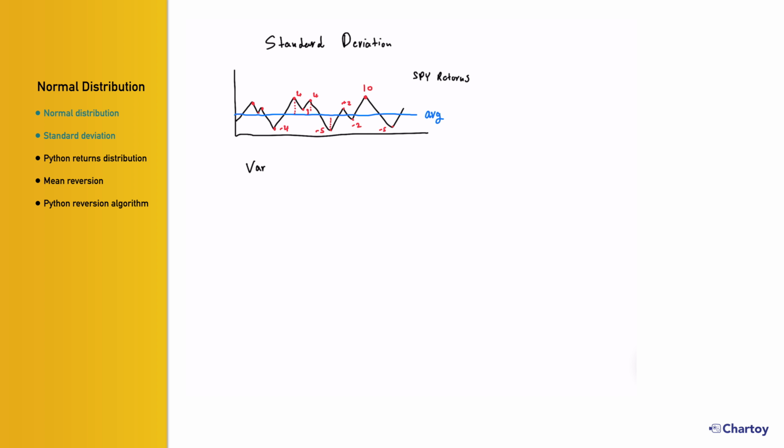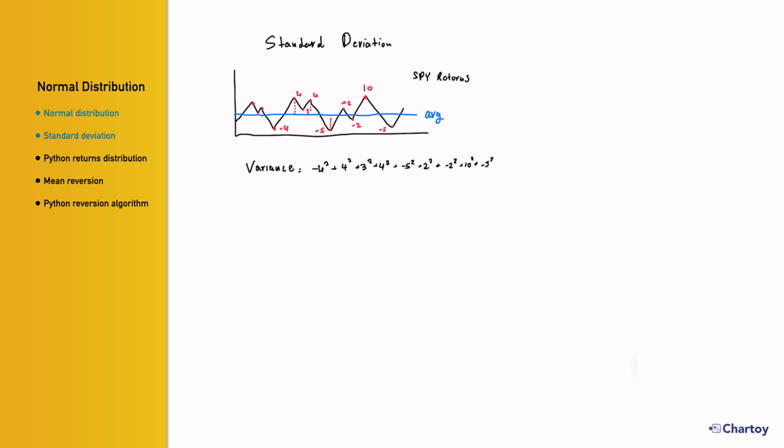So the first thing we calculate is the variance. The variance is the first stage in calculating the standard deviation. To calculate the variance, we are going to sum the square of those distances, so the square of each distance from the mean.